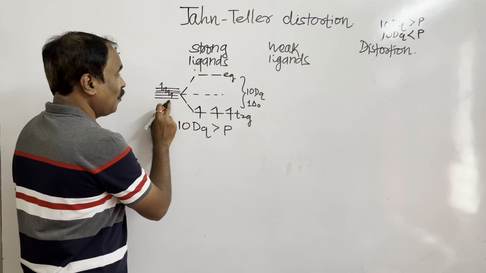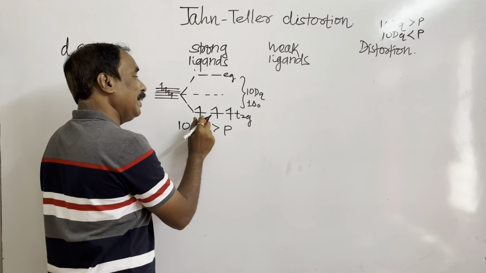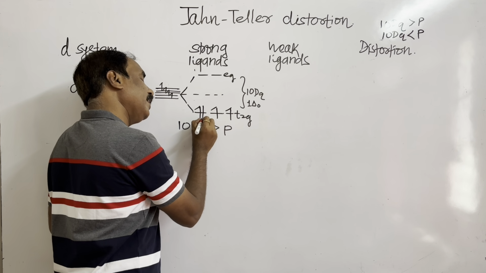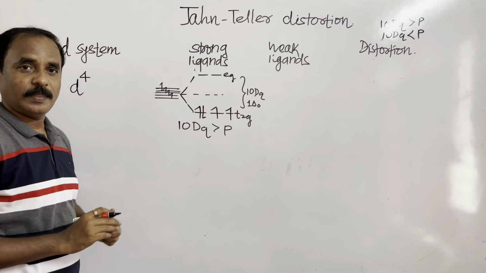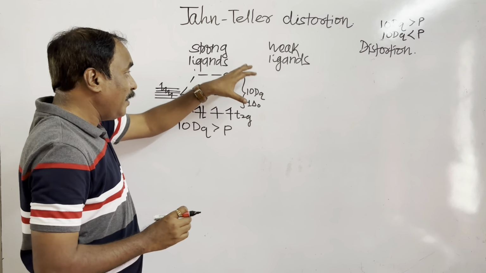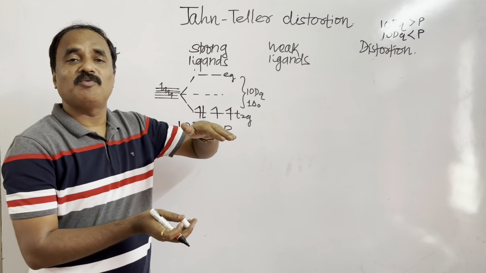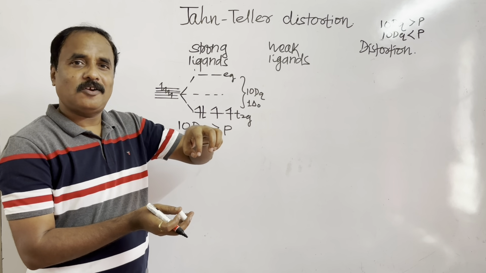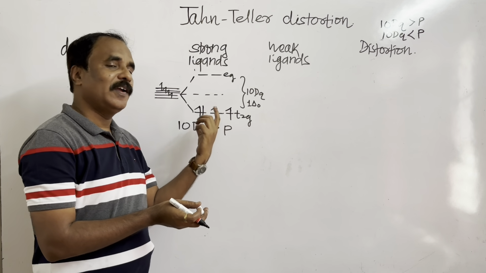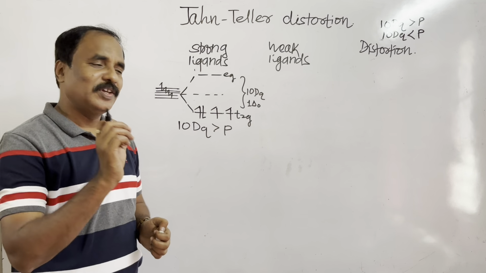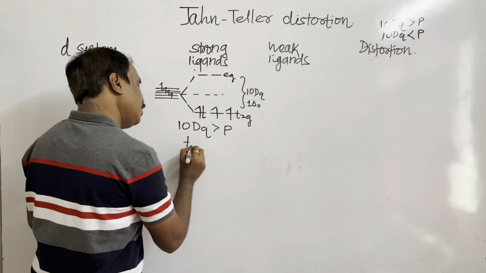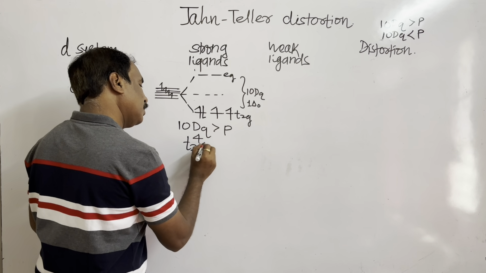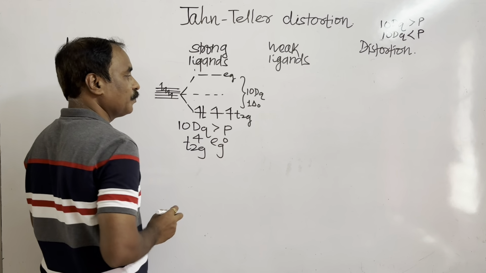So what is the position of the 4th electron? The 4th electron will enter in t2g only, yani pairing of electrons, because 10dq splitting is more. So what is the electronic configuration here? Electronic configuration is t2g4 and eg0.